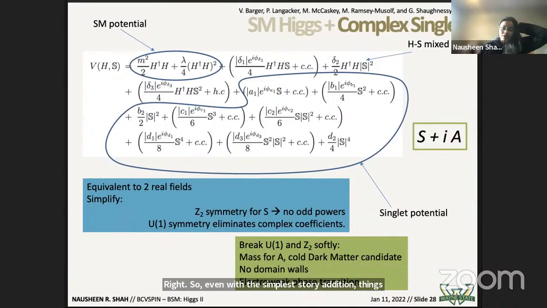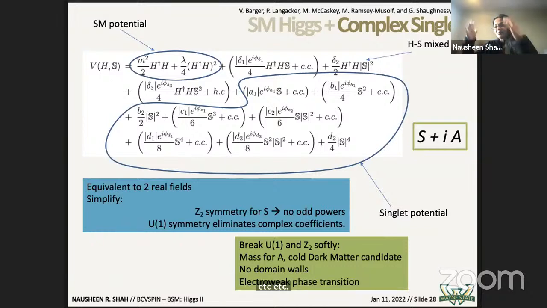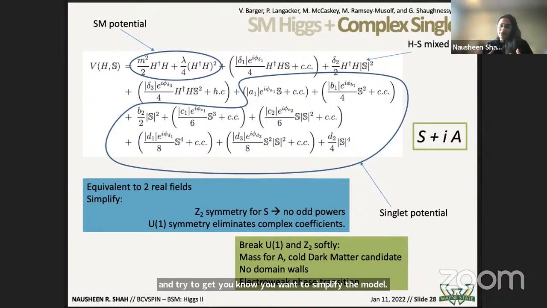So how do you go about trying to analyze this? Well, you hope that you can put in some sort of constraints, some sort of symmetries, et cetera. You want to simplify the model so that you can understand it, but at the same time, try to do it in a way such that qualitatively you see the different features that you can have, okay?